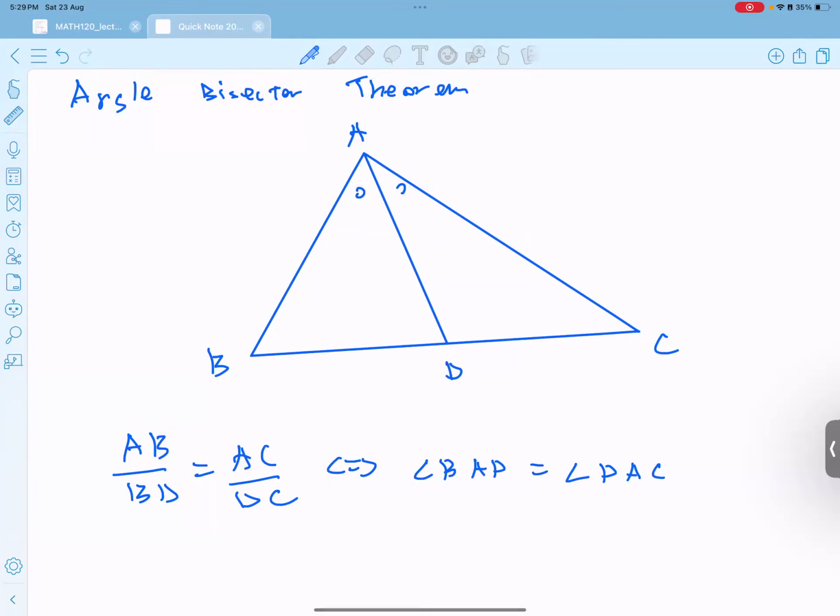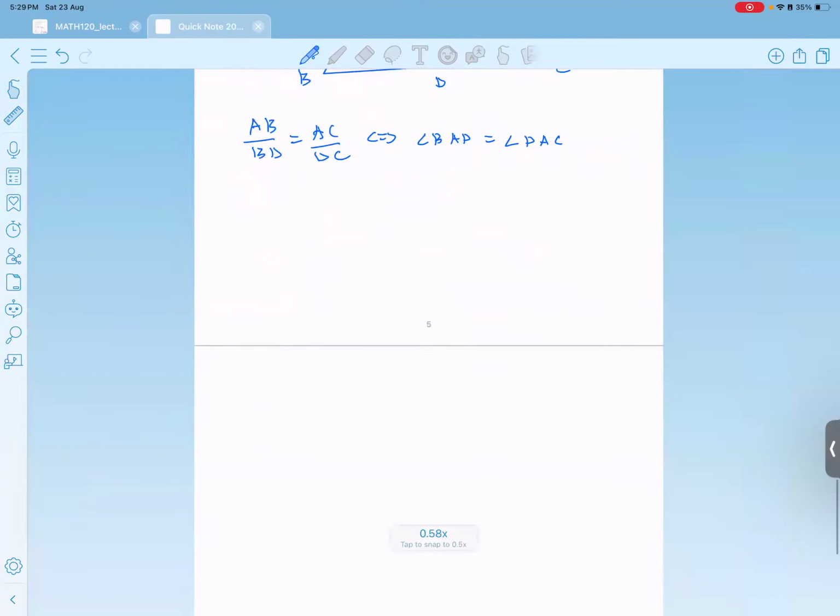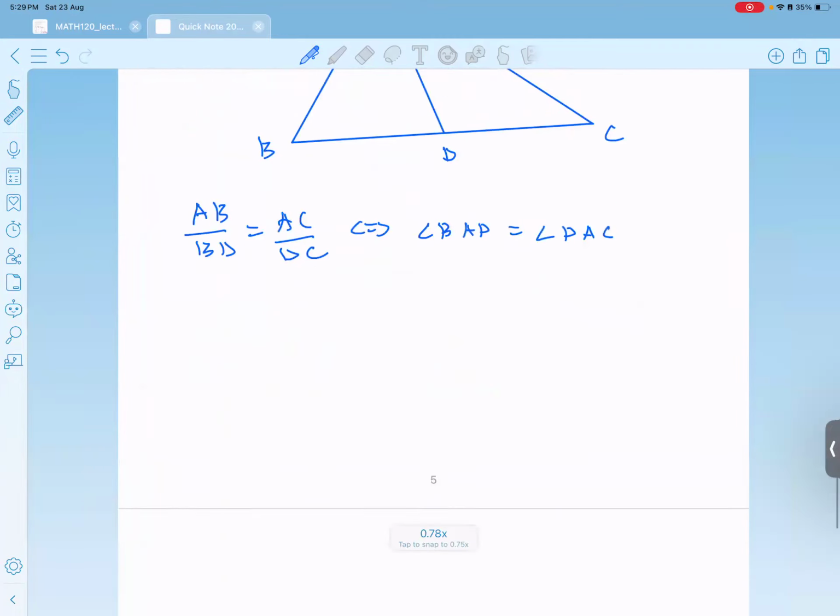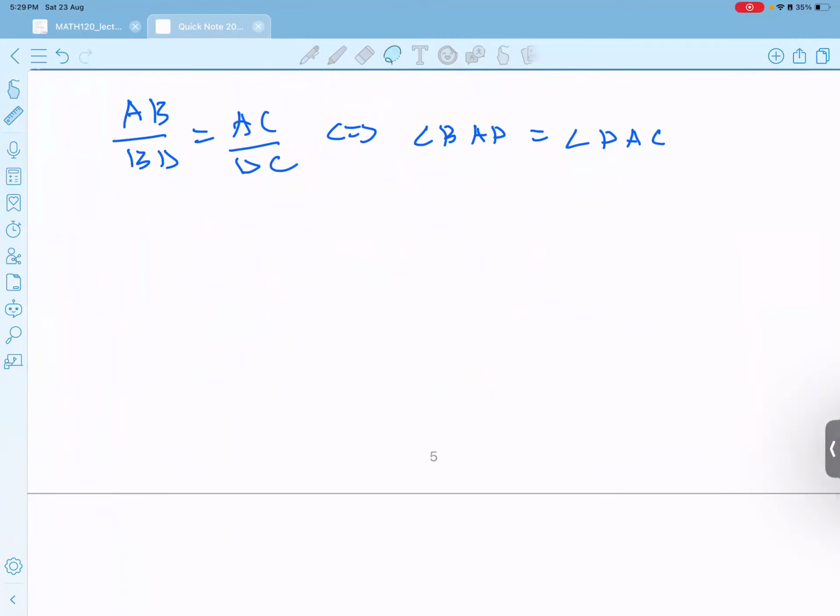But now we're going to talk about a more general case, which is a very common result and very useful.